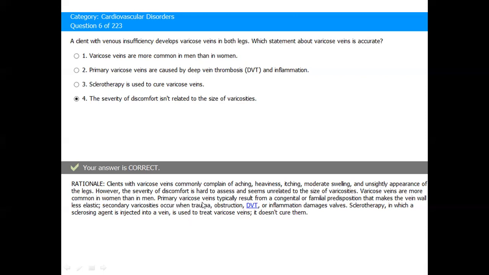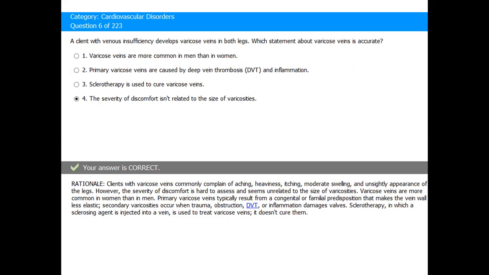Primary varicose veins typically result from a congenital or familial predisposition that makes the vein wall less elastic. So the patient has a family history, or a congenital problem, right?